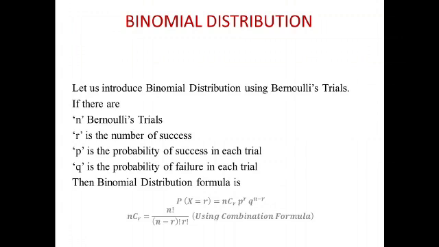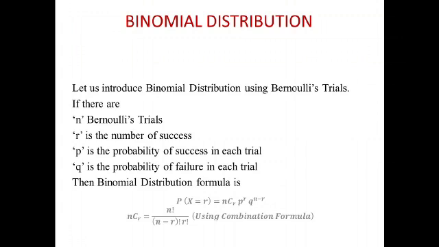Likewise, r factorial is 1 into 2 into 3 etc. up to r. n factorial is 1 into 2 into 3 etc. up to n. And n minus r factorial is 1 into 2 into 3 etc. up to n minus r. This was your combination formula which you have studied in earlier class.